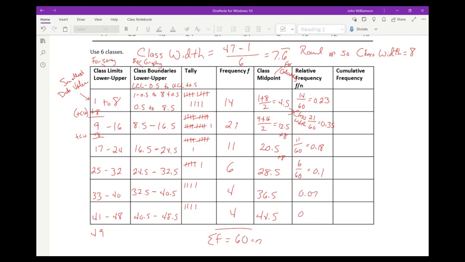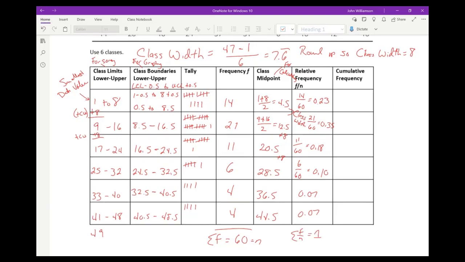And then 0.07, 0.07. Here's another place to stop and check yourself. So we know the sum of the frequencies is always going to be 60, your sample size. What do you think the sum of your relative frequencies should be? Should be 1, right, which is the decimal representation of 100%. So if we've accounted for everything, it should add up to 1, or very, very close to 1.